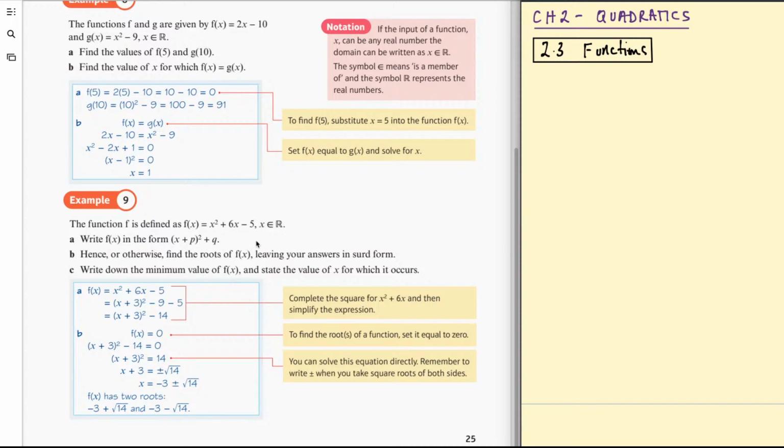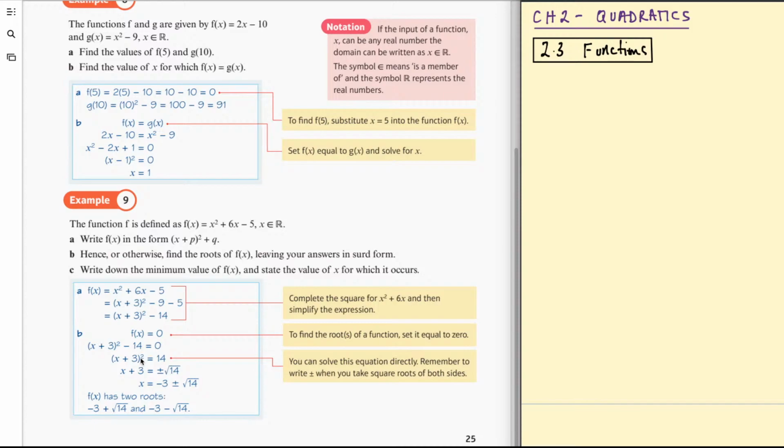There'll be certain situations where you have a minimum value. So for example, in this one, because we write it as (x plus 3) all squared take 14, this expression, (x plus 3) all squared, remember something squared cannot be less than 0, right?